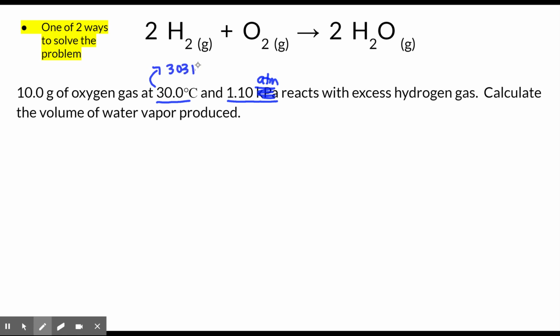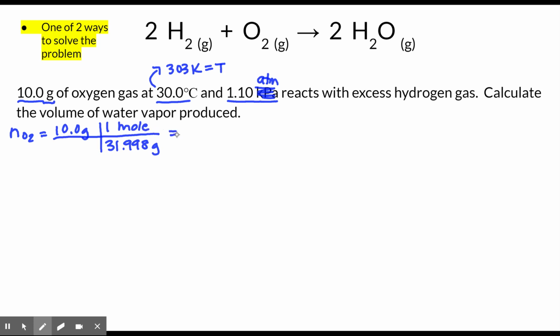That's going to be our temperature. We have no information as to the moles of oxygen gas, but we could solve for it since we are told that there are 10 grams of oxygen gas. So we can solve for n right now. n for the oxygen is going to be 10.0 grams divided by the molar mass of oxygen, which is 31.998 grams.